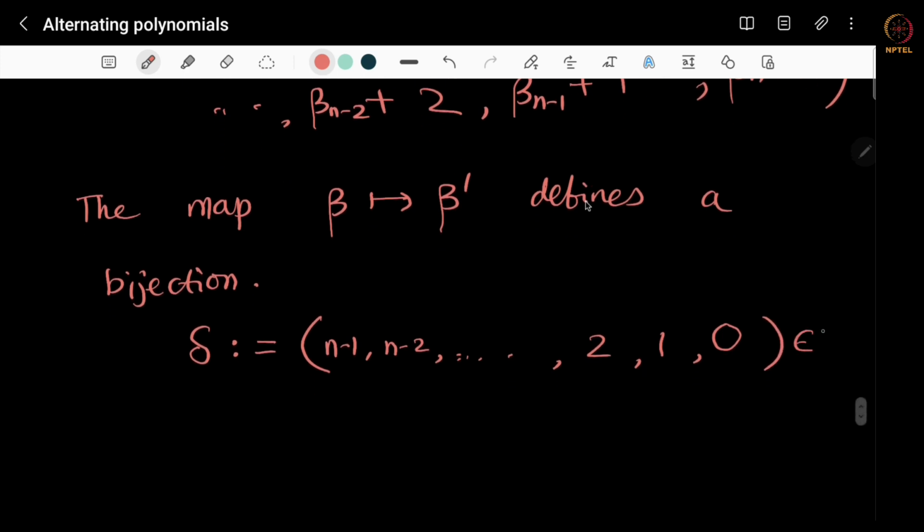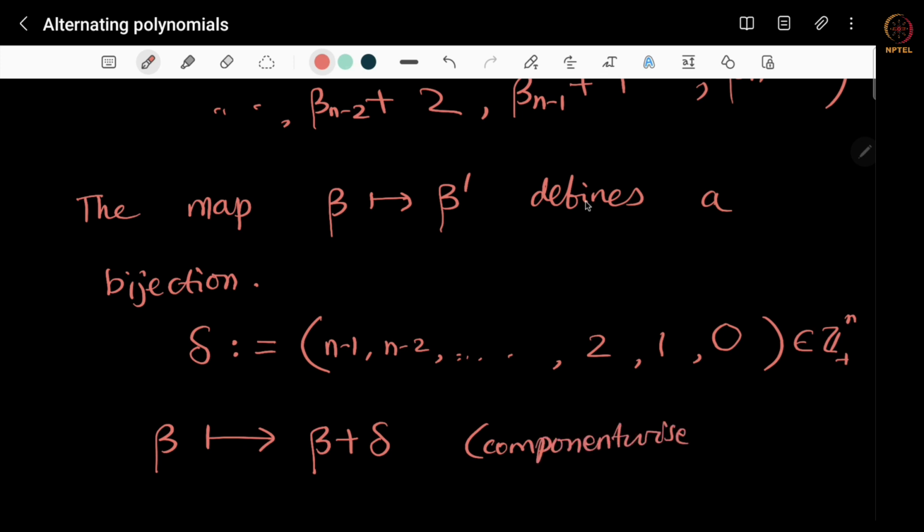This is again an element of Z plus to the n. So the map that I've just defined, beta going to beta dash, what is beta dash? It's just the new multi-index beta plus delta. And plus here I'm thinking of as adding vectors, just component wise addition in Z plus to the power n.